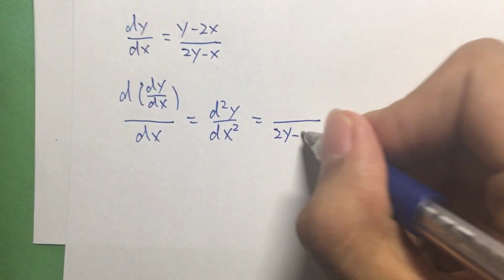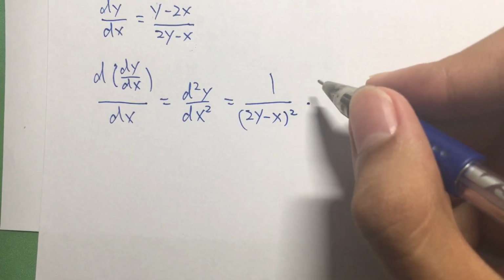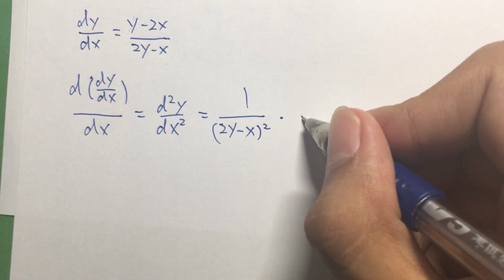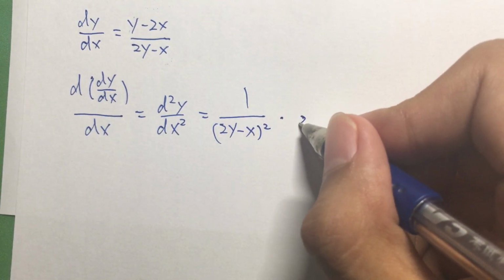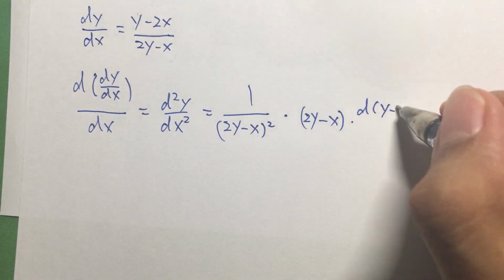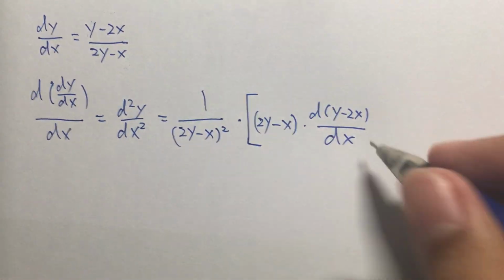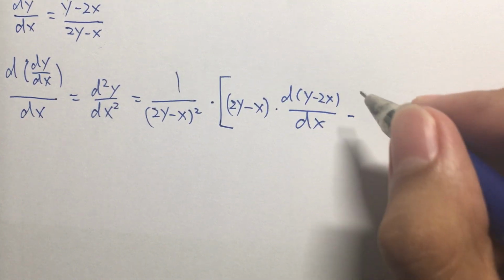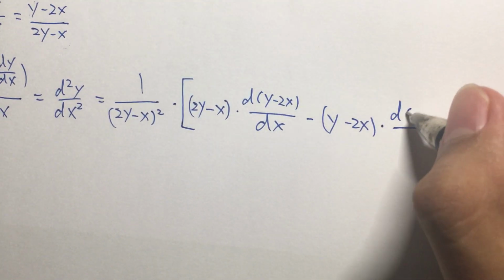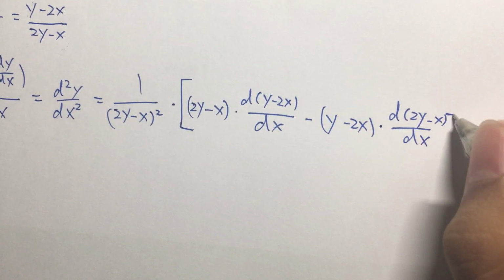We have (2y minus x) squared on the denominator, and for the numerator, we separate it: (2y minus x) times d(y minus 2x) over dx, minus uv dash, which is (y minus 2x) times d(2y minus x) over dx.